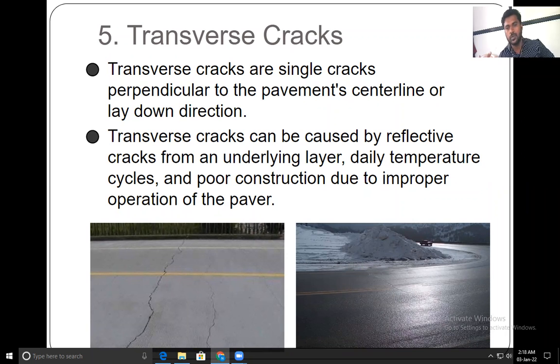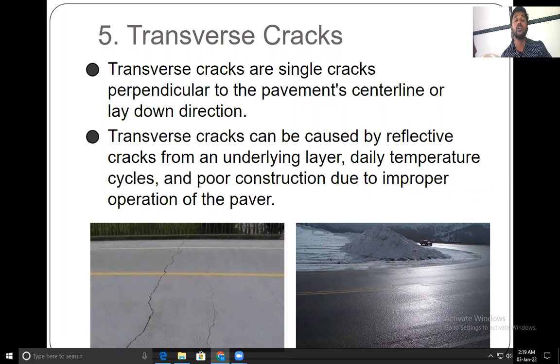Transverse cracks can be caused by reflective cracks from underlying layers, the daily temperature cycle, and poor construction due to improper operation of the paver. Suppose cracks are there in the underneath layers, subbase, base course, binder course, due to improper compaction, improper thickness, or improper binding between them, that may be transferred onto the surface.